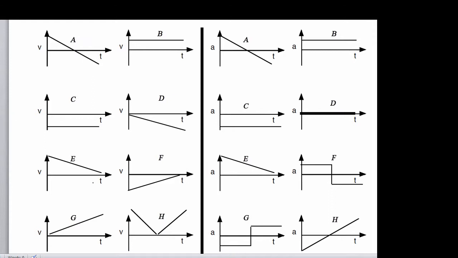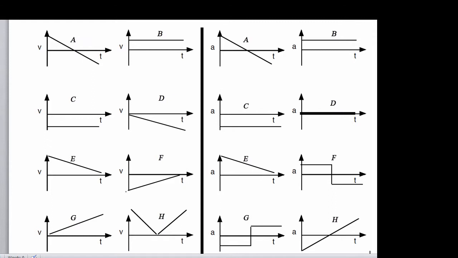So we have chosen E as our velocity versus time graph. Is the slope changing? No. The slope is constant. What else can you tell me about this slope? It's a negative slope. Right. So actually it's a negative slope which means there's a force acting in the negative direction, slowing it down, right?